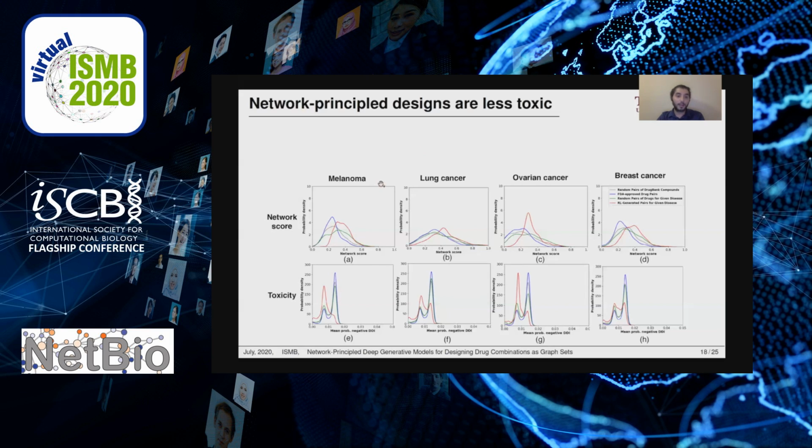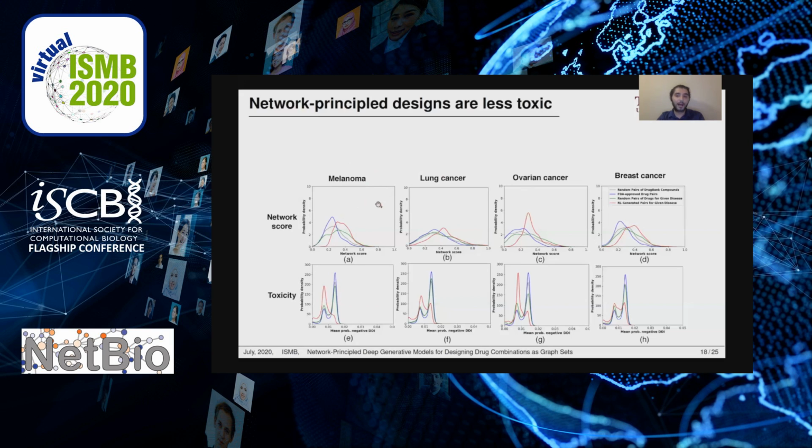Second, if you select 2 drugs from the set of drugs available for a specific cancer, for example, for melanoma, we have 100 good drugs. If you randomly select 2 of them from the lung cancer, or if you select a drug pair from FDA-approved drug pairs, for example, the drug pair that has been used for lung cancer, if we use it for melanoma or for others, can it be useful?